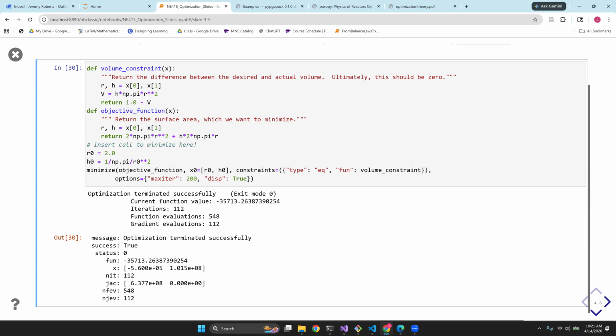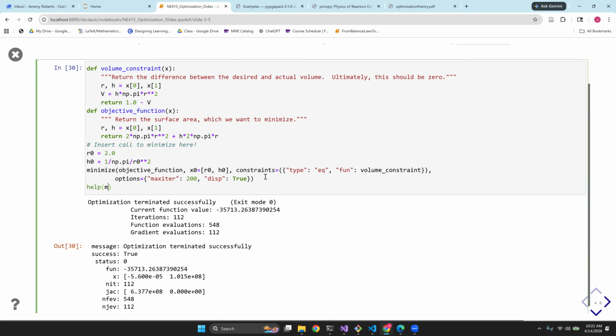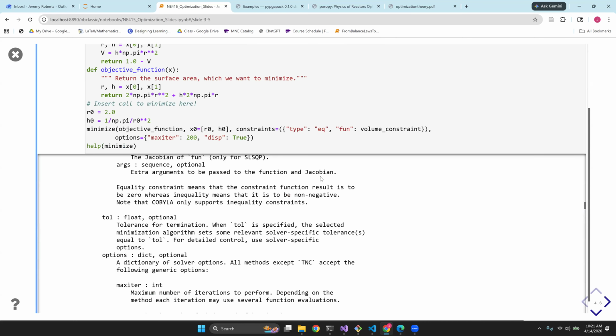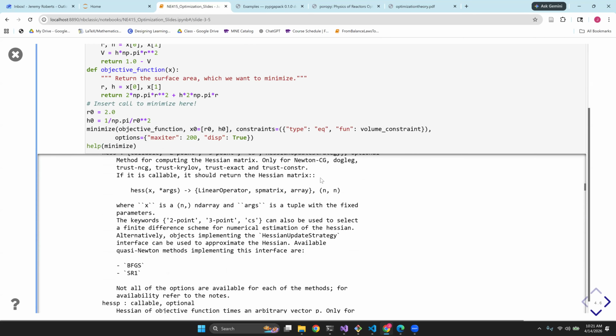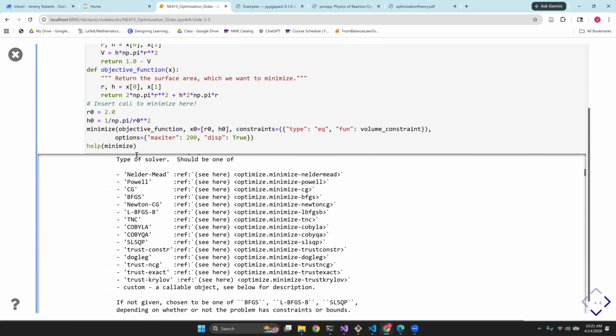If you look at the different methods that are available, some of which I pointed out before when we looked at the contents of the module, we've got, let's see, Nelder-Mead, Powell, CG, which is short for conjugate gradient, BFGS, Newton-CG, which is a Newton accelerated conjugate gradient. There's COBYLA that we saw before.